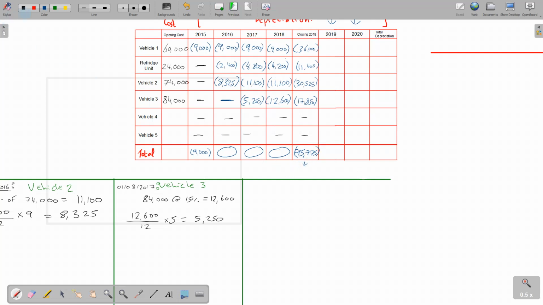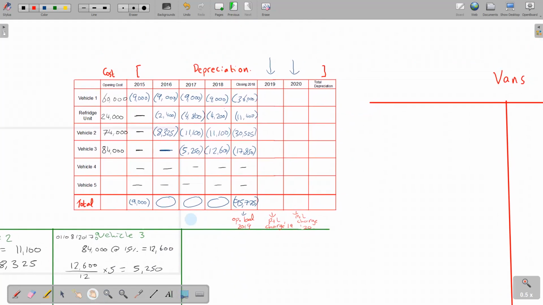That's going to be the opening balance of 2019. And this is going to be the P&L charge for 19. And this is the P&L charge for 20. And then total depreciation is used for what we're disposing of.